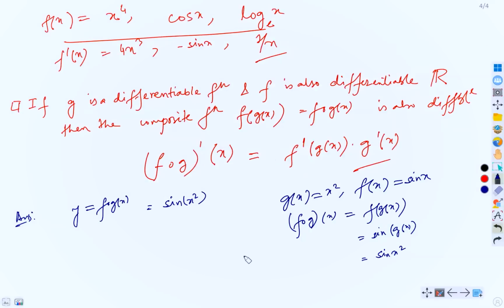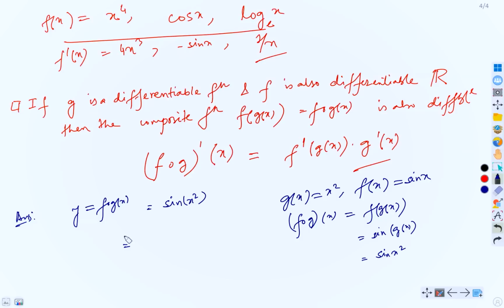Now you can do this problem in two ways. Either directly apply the composite function theorem, which might be confusing for you in the beginning, or you can follow a separate trick. I am also going to show that, but before that I will solve this problem with the help of the composite function theorem directly. It will be one line.